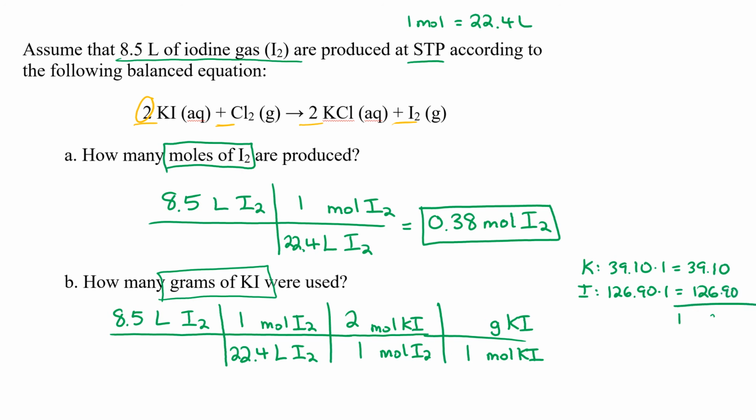Add them up, and I get 166.00 grams per mole. So I'm going to put that 166 where I see grams, and I'm going to do my multiplication and divide by 22.4. And I'm rounding it to 2 sig figs, which is 130 grams of potassium iodide. And that is it.